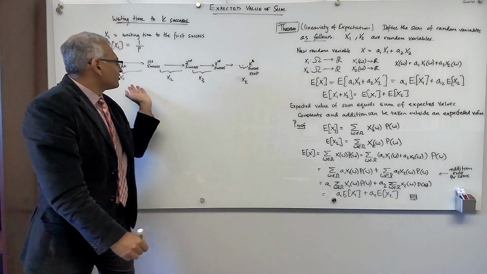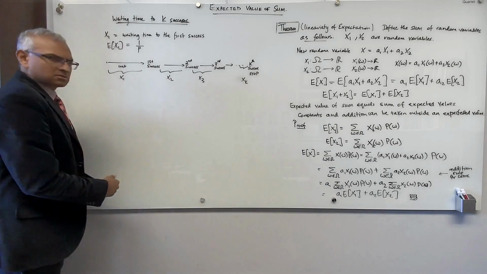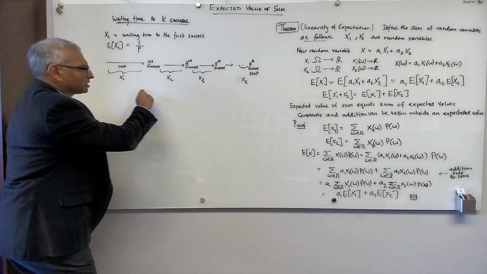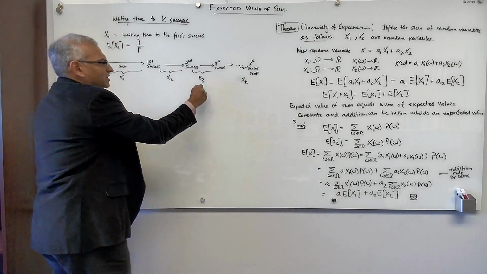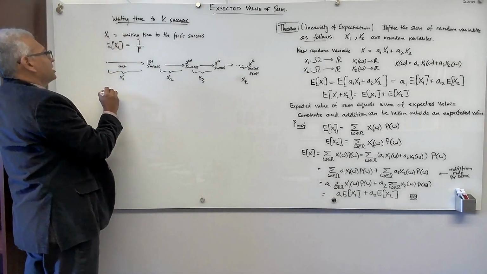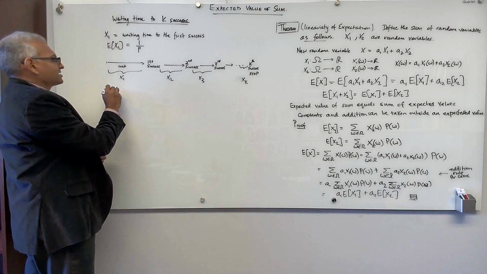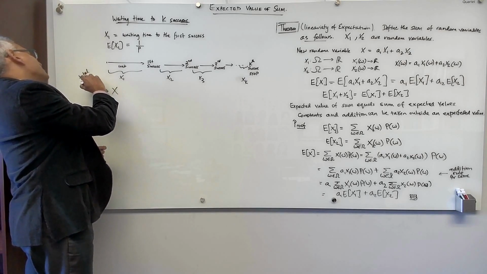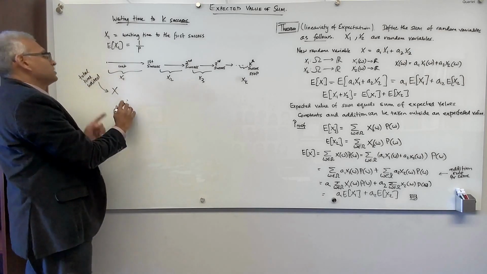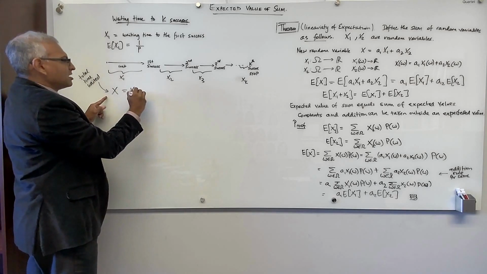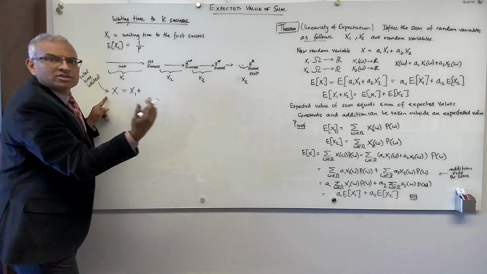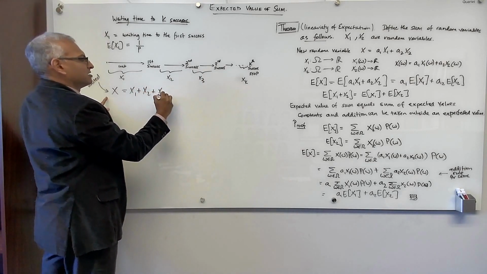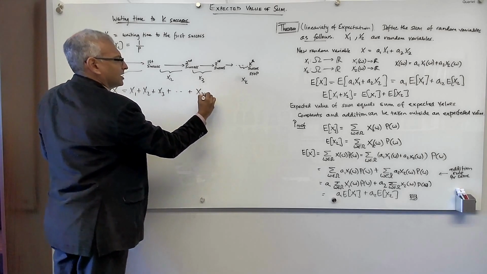Okay, so the way I've defined these additional times, we can sort of convince ourselves that the total time you wait is just X1 plus X2 plus X3 plus up to XK. So the total time you wait, let's call that X. So the total time waited, well, that's just the time you wait for the first success, plus the additional time you wait from the first to the second success, plus the additional time to the third success, plus and so on, plus XK.